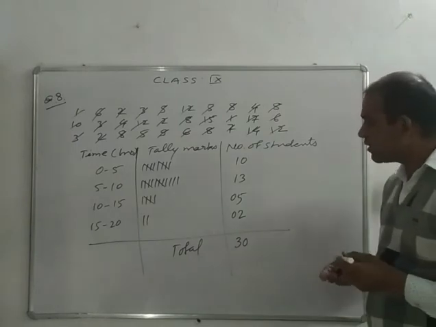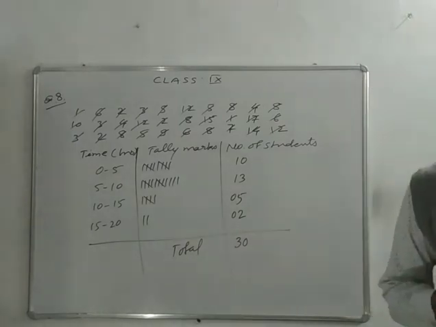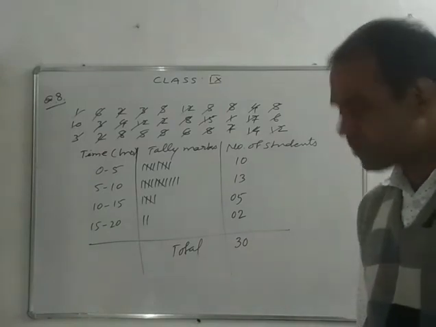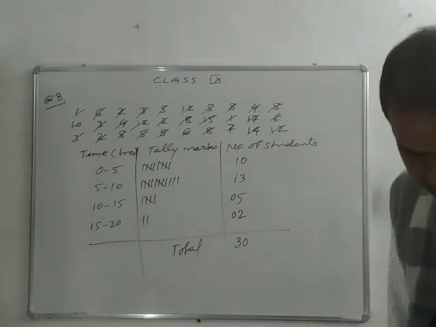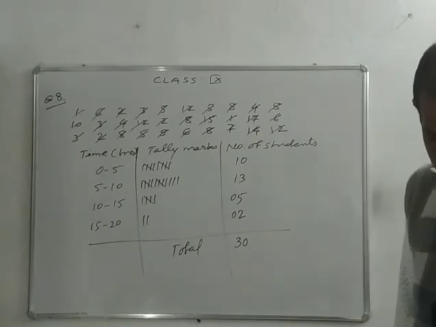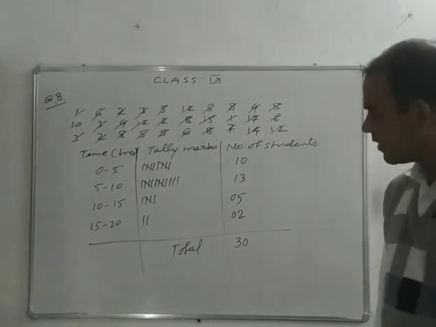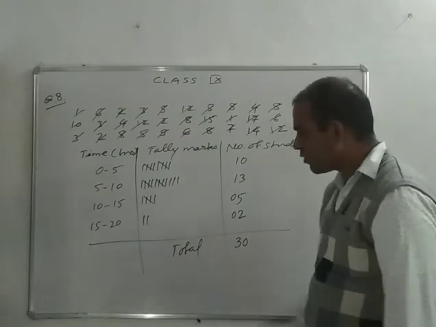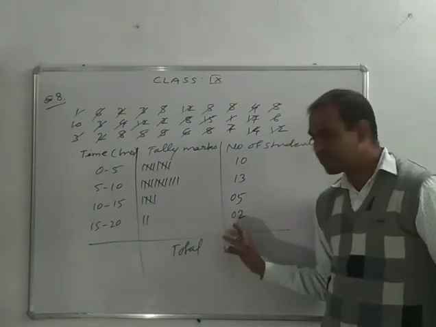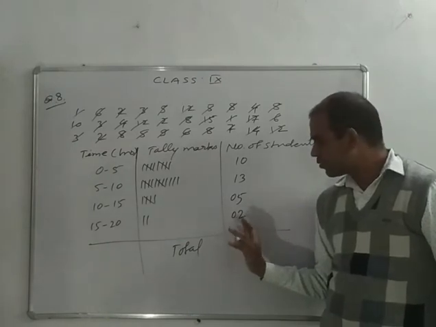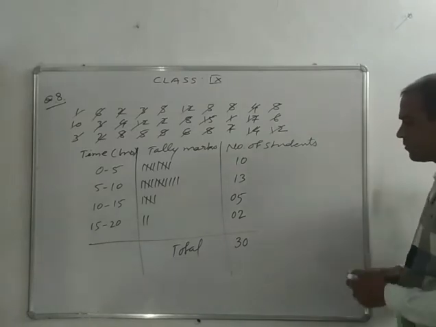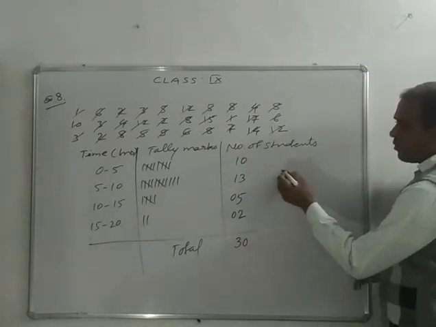The total is 30. And here the first question is make a grouped frequency distribution table. And the second question is how many children watch TV for 15 or more hours a week. 15 or more, 15 से ज़्यादा, so only 2 students. So 2 students watching TV 15 or more hours a week.